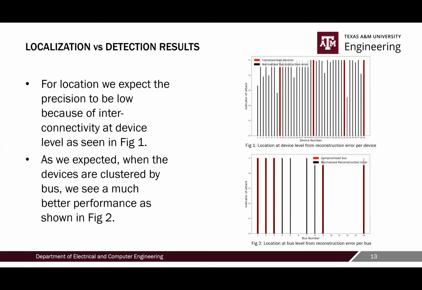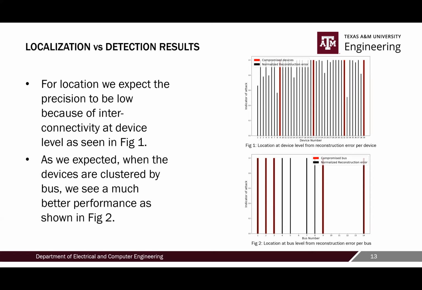Then we looked at localization, which is kind of interesting. What you see, which is actually what you would expect, is that when you do this decompression from the hidden state back to the full state space, the reconstruction error gets spread out to the neighboring devices or the neighboring buses.